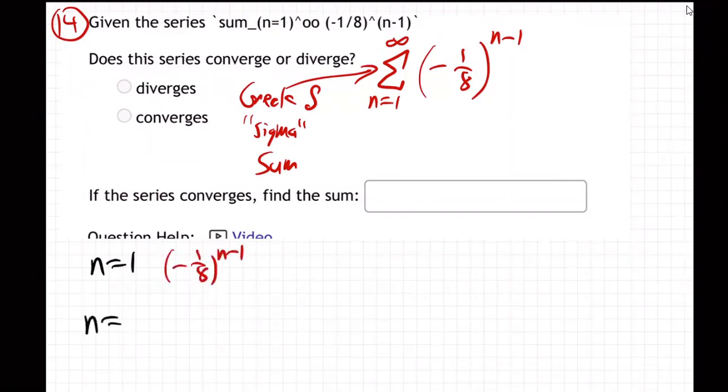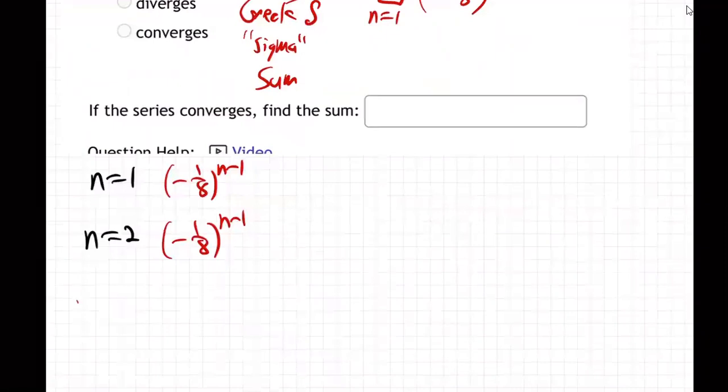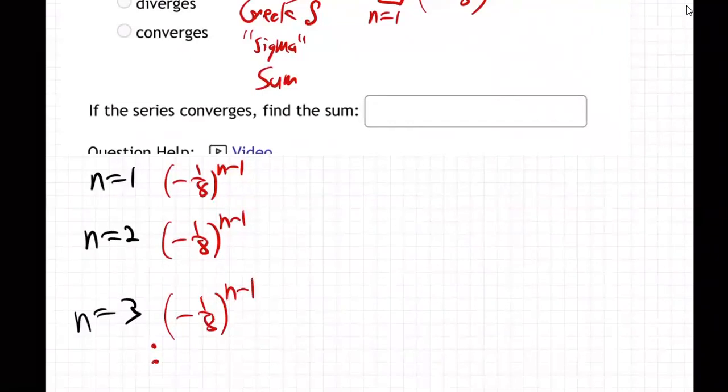And then take n equals 2 and plug into the formula (-1/8)^(n-1). And then n equals 3 into the formula, etc.